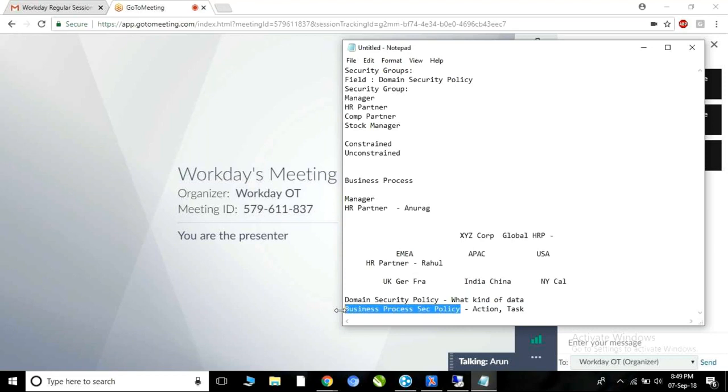Let's take an example: in a company, all the employees have to come at 9 a.m., and that is the organizational discipline policy, right? Employees are there in the organization, but they are governed by the policies we create. Similarly, security groups are something a person can be assigned to, but his restrictions or task-driven activities are controlled by these security policies.